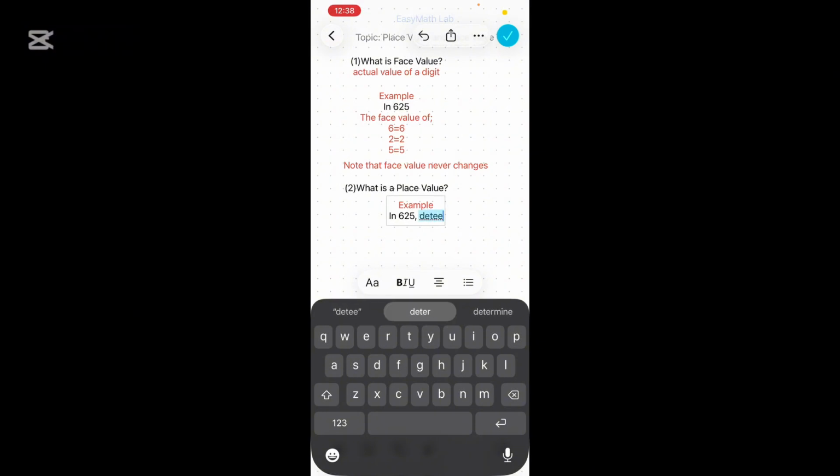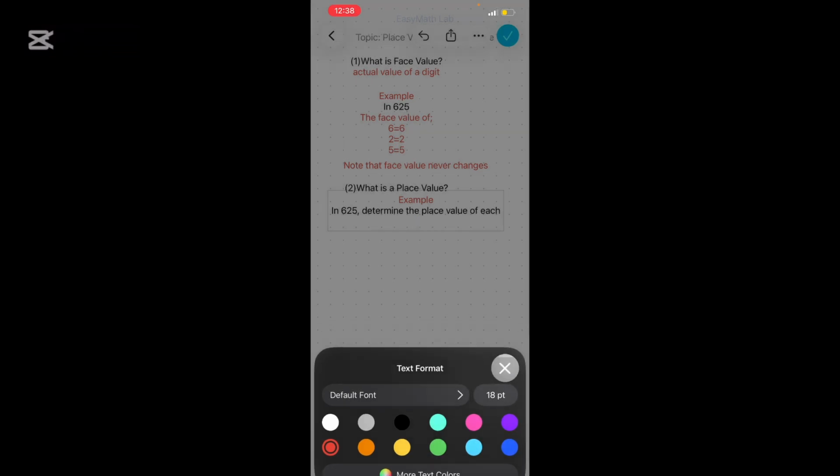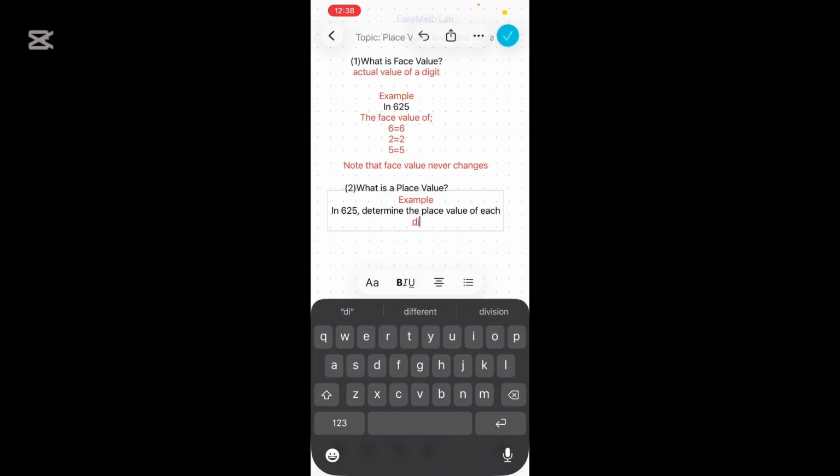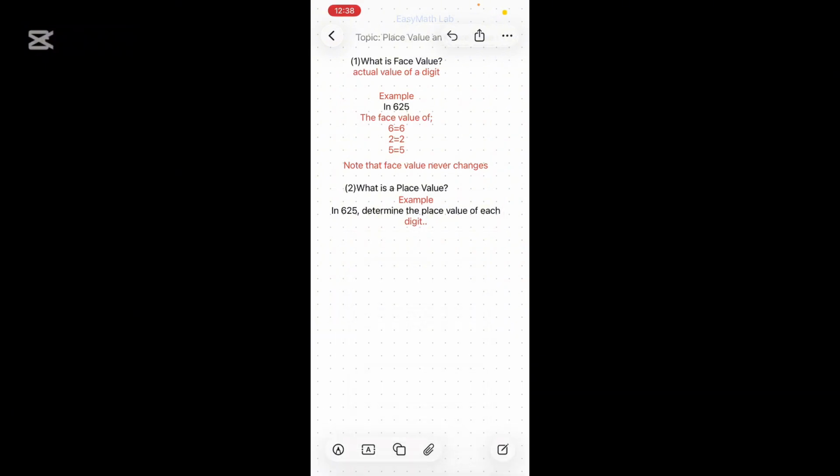Determine the place value of each digit.